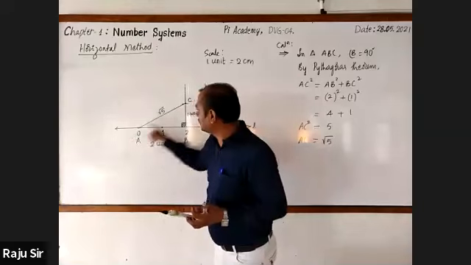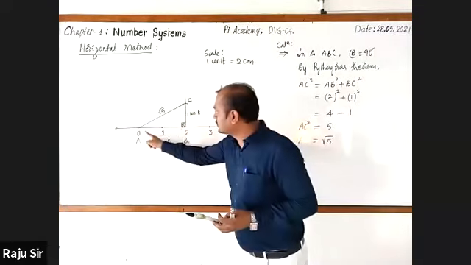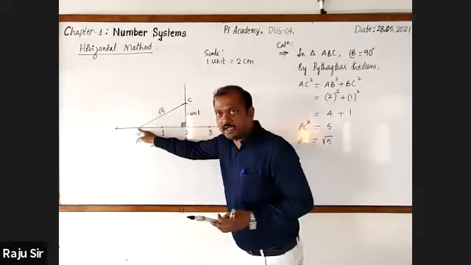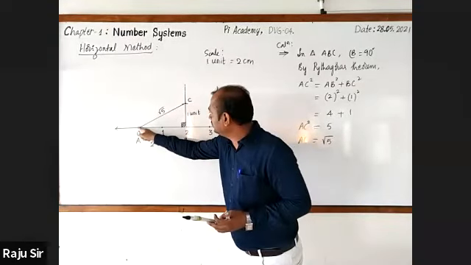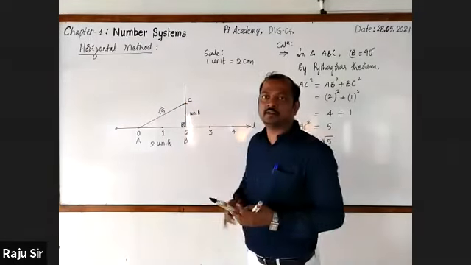See that we got AC distance as root 5. It should be represented on the number line. So with A as center, AC as radius, we have to draw an arc.